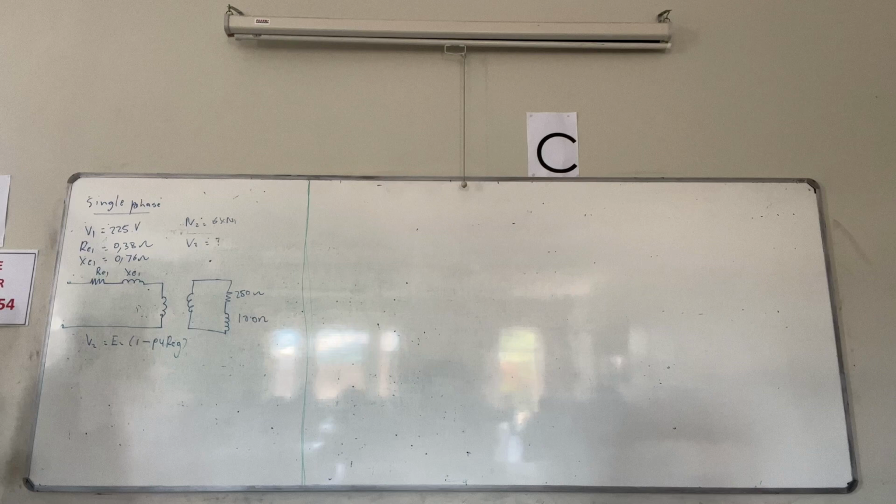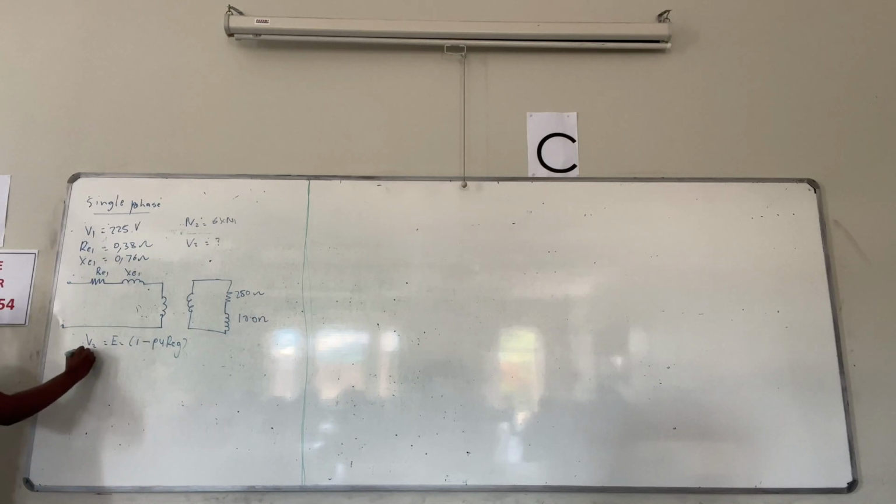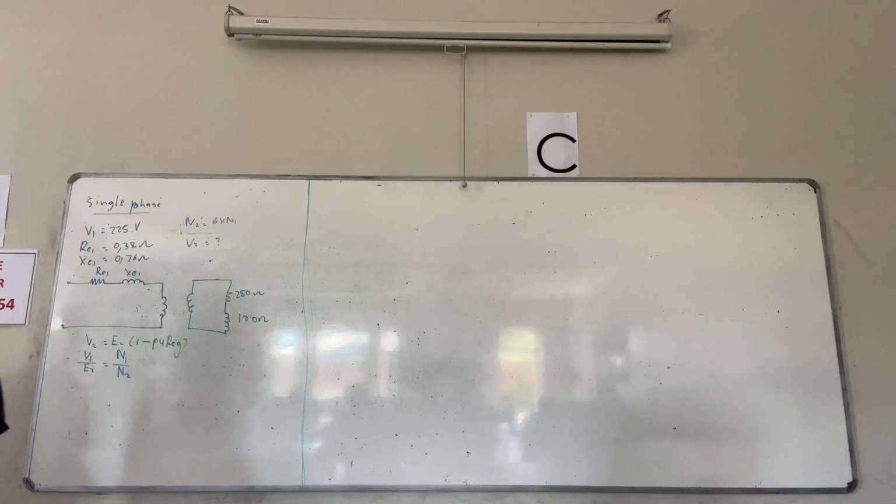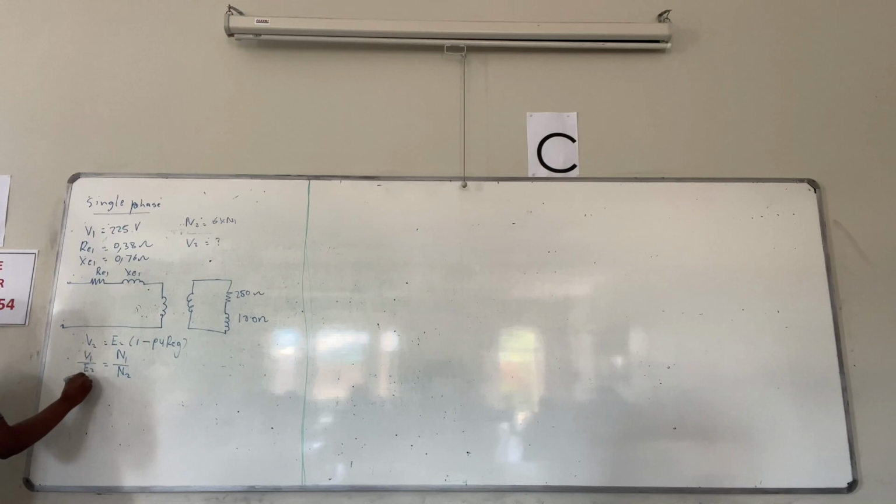The induced voltage in the secondary is easy to calculate. It is V1 over E2 equals N1 over N2, so that is 225 over E2.